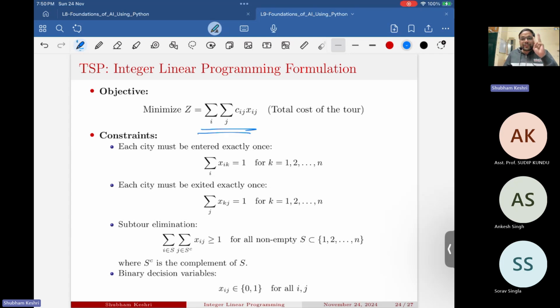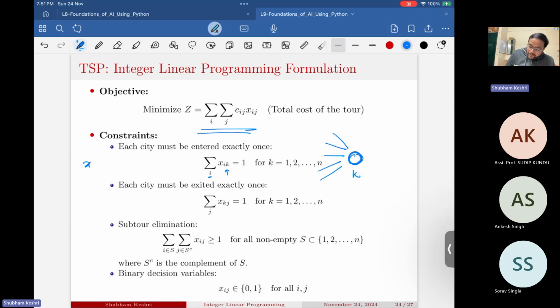The constraints, there are three constraints. One is the entry constraints. So what I'm saying is, if this is the kth node, all the edges which come inside, you have to add. So what I'm doing over here is I am fixing k and I'm adding over i.